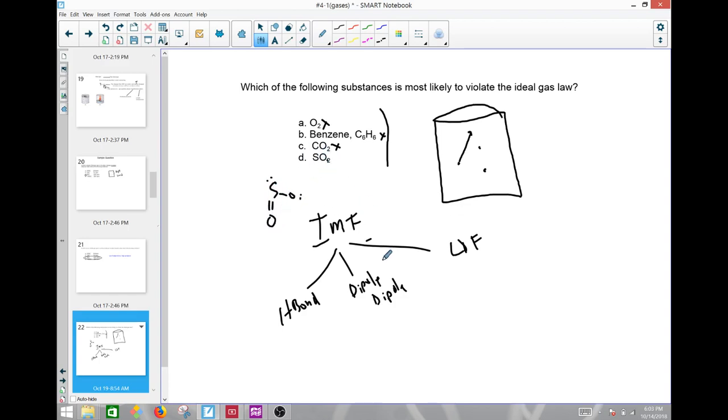This one just exhibits dipole-dipole attractions, and therefore this is the guy that, given the ability to squeeze them down and slow them down possibly into a smaller container, if you get these close enough together, you might see some attraction between the particles. So it's got the most intermolecular forces.